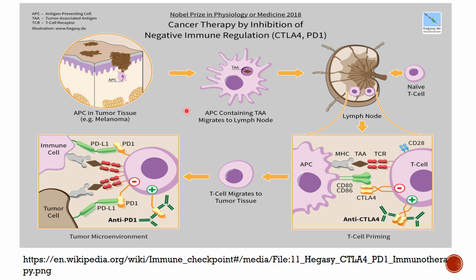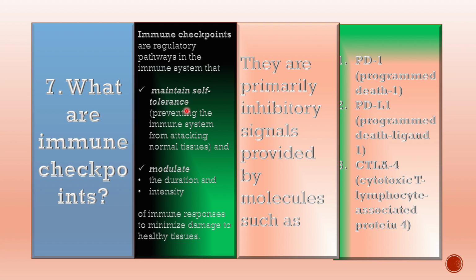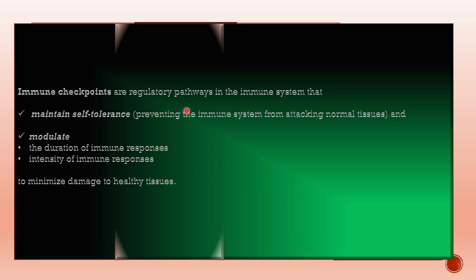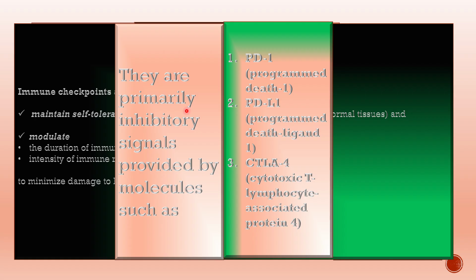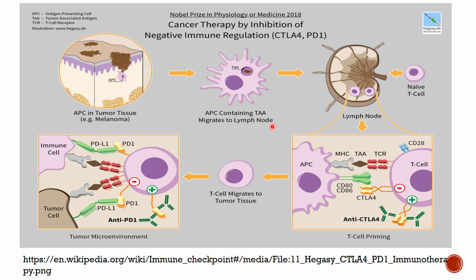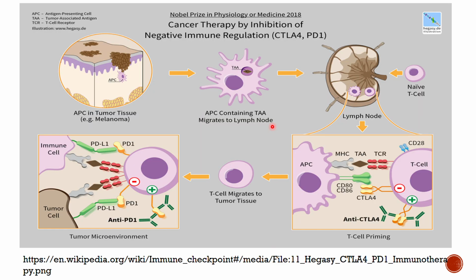Remember above we have seen immune checkpoint examples. They are here. The first one is PD1. These three help to regulate how the immune response should go.